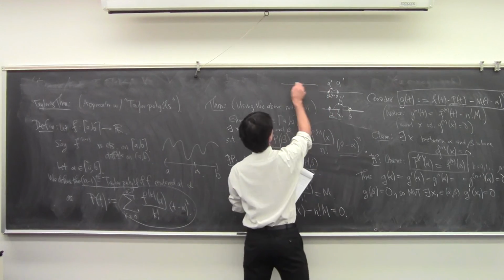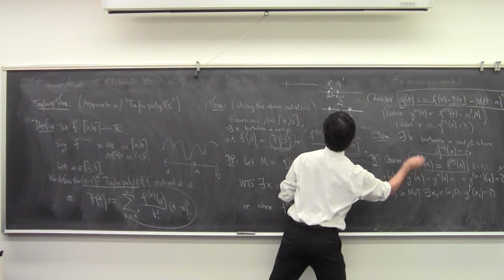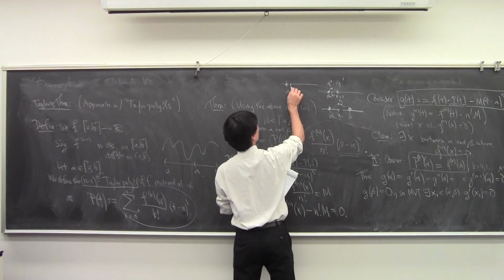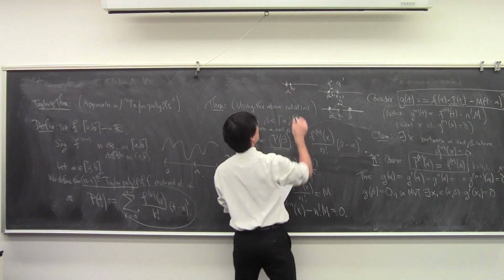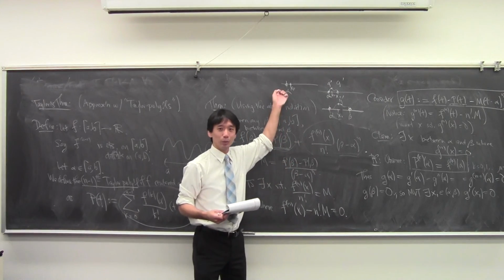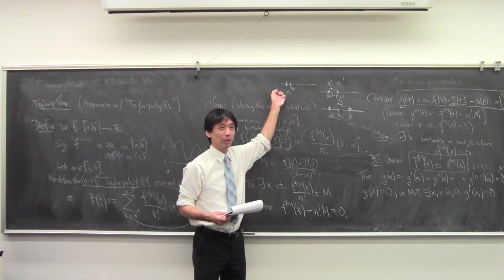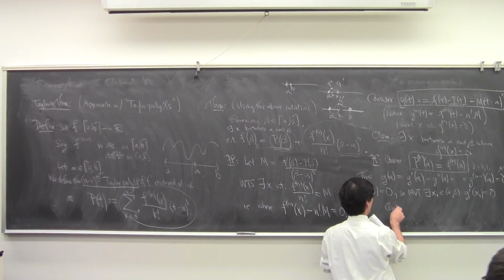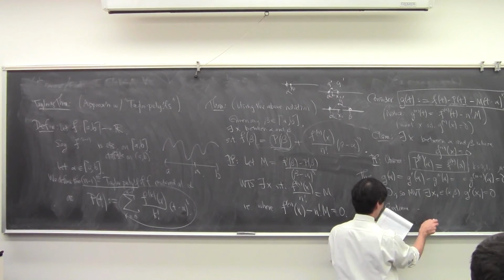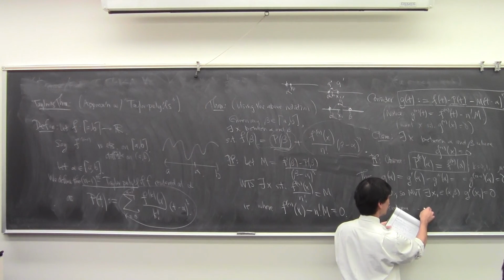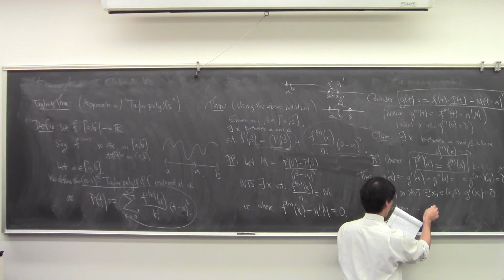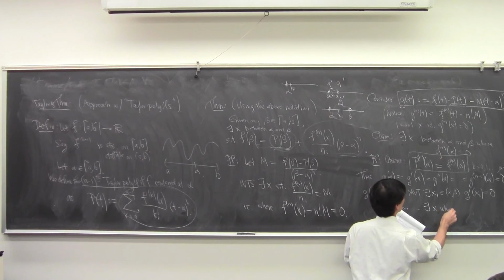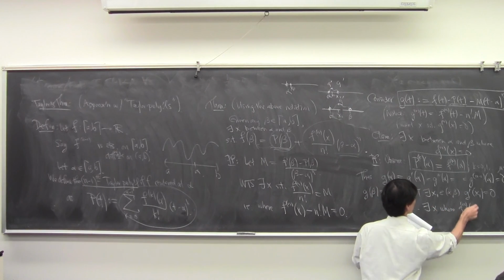You say g double prime of alpha is 0, and g double prime of x2 is 0, so there's a place where g triple prime is 0. You continue, using the mean value theorem n times, and you get that there's a place where g^(n) is equal to 0.